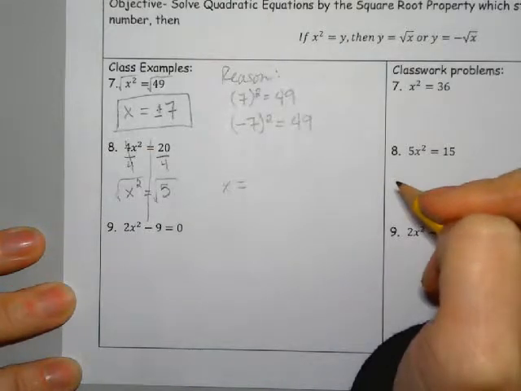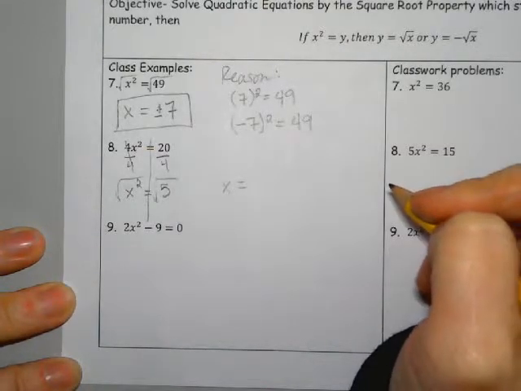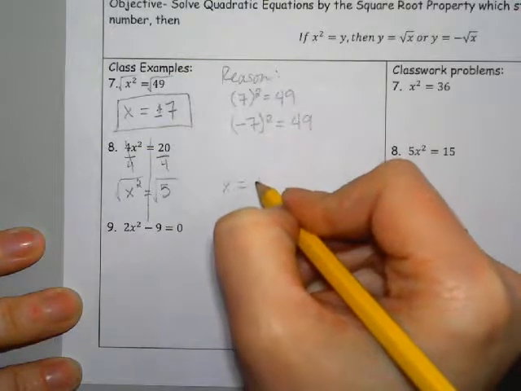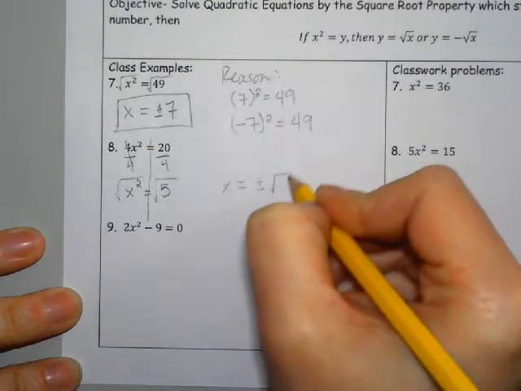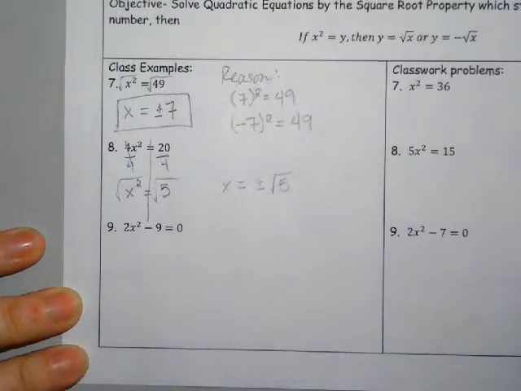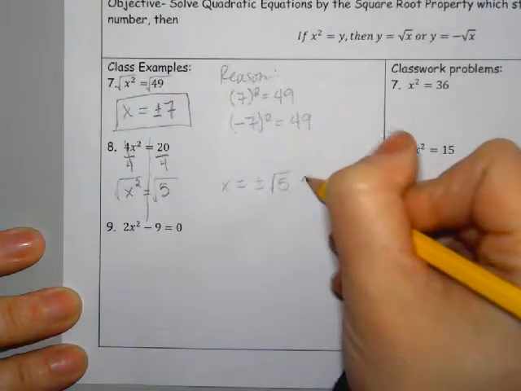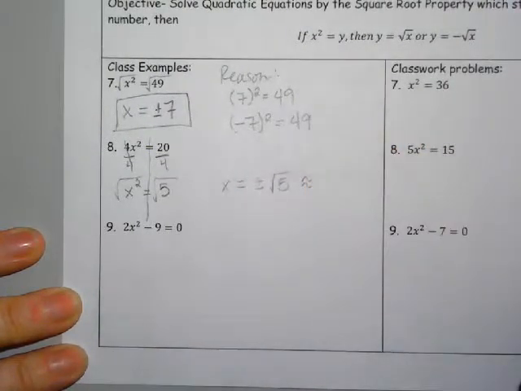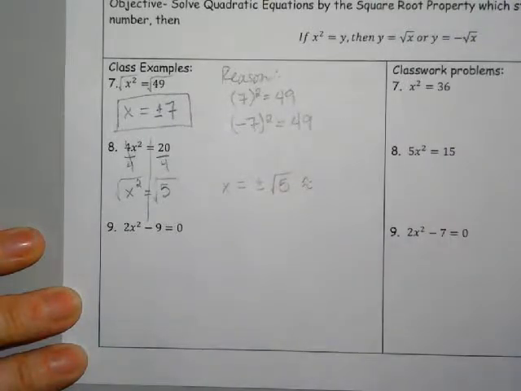Alright, number 9. What's my first step? Add 9. Almost done. 2x squared equals 9. Now what do I do? Divide by 2.